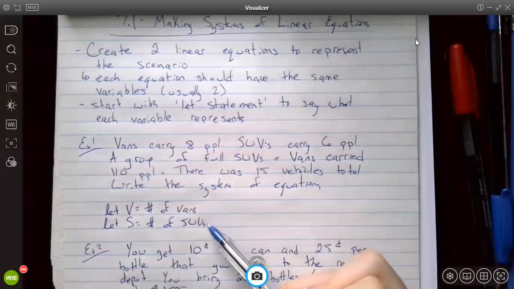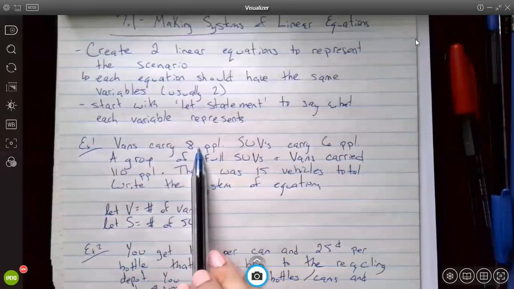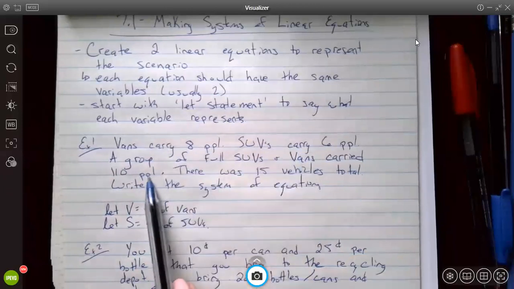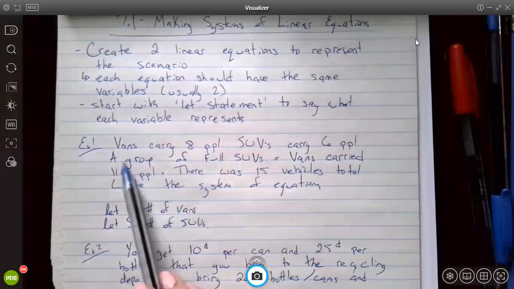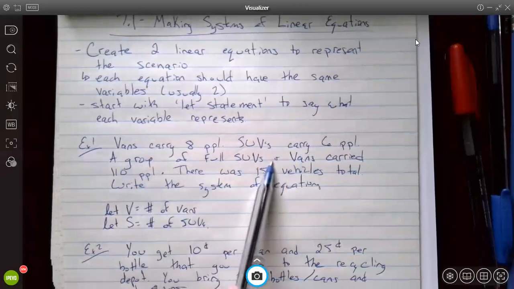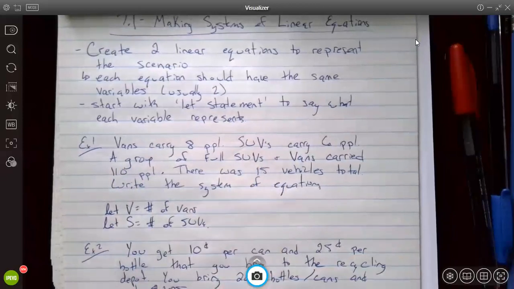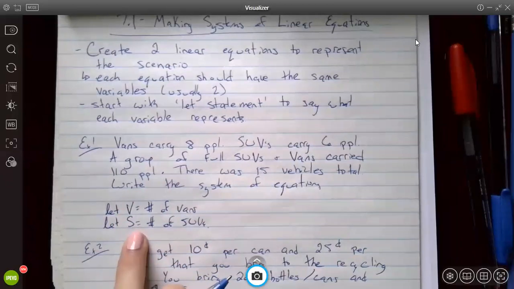I know that these are going to be my let statements because I know how many people can fit in each SUV and van. I know how many people and how many vehicles in total there were, but I don't know how many of each there were. And so now that I have this, I can create a relationship between them.